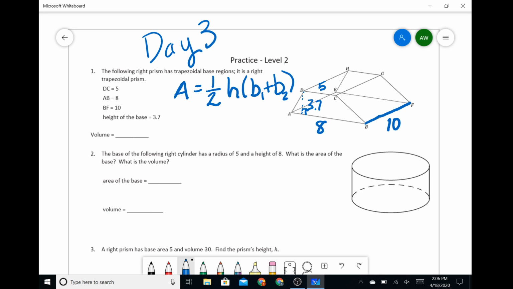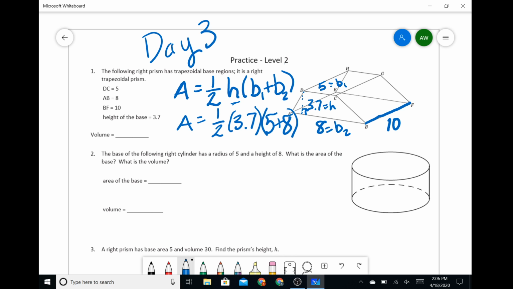But this H is talking about the height of the trapezoid, right? I'll make 5 my base 1, I'll make 8 my base 2. So then when I plug into my formula, I get 1/2 times the height, which is 3.7, times base 1 plus base 2. So base 1 is 5, base 2 is 8. Now I can put this into my calculator like this, or I can just do the math by hand, right?